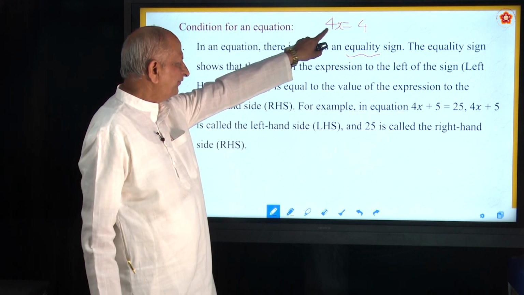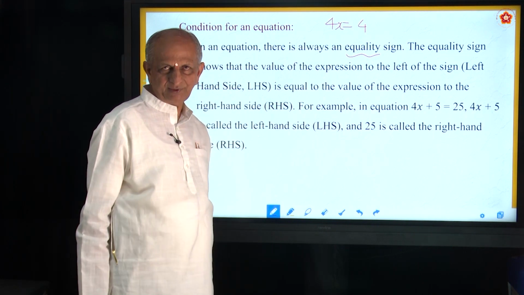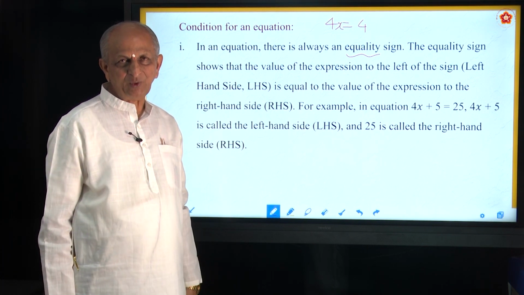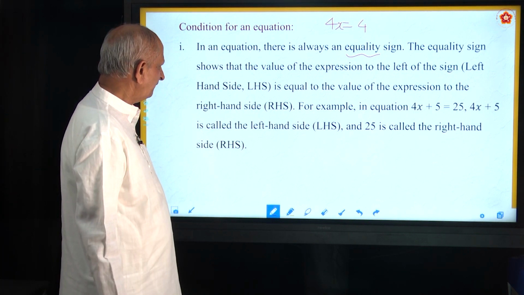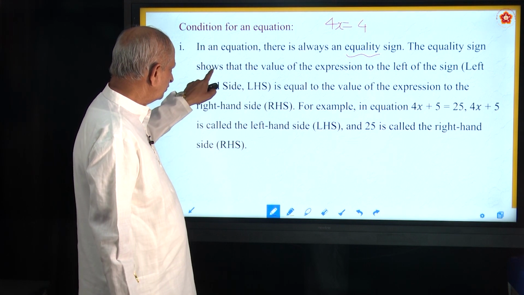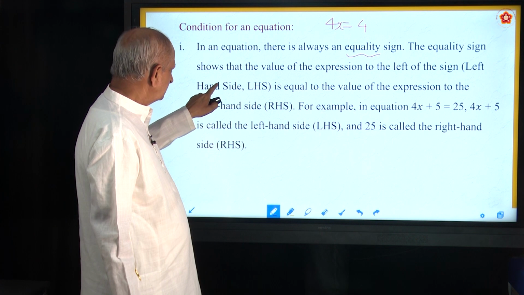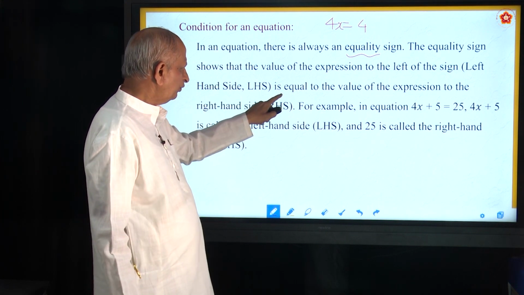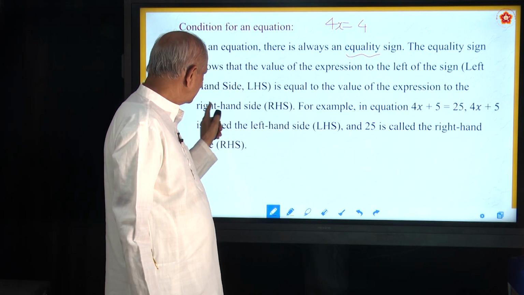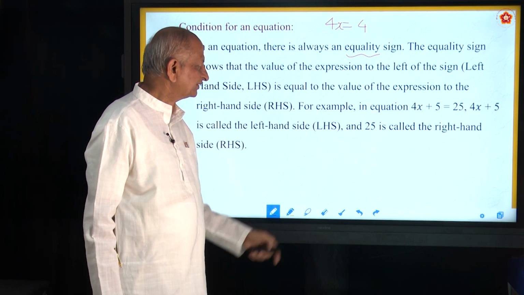This is called left hand side, that is called right hand side. In between you have the equal sign.